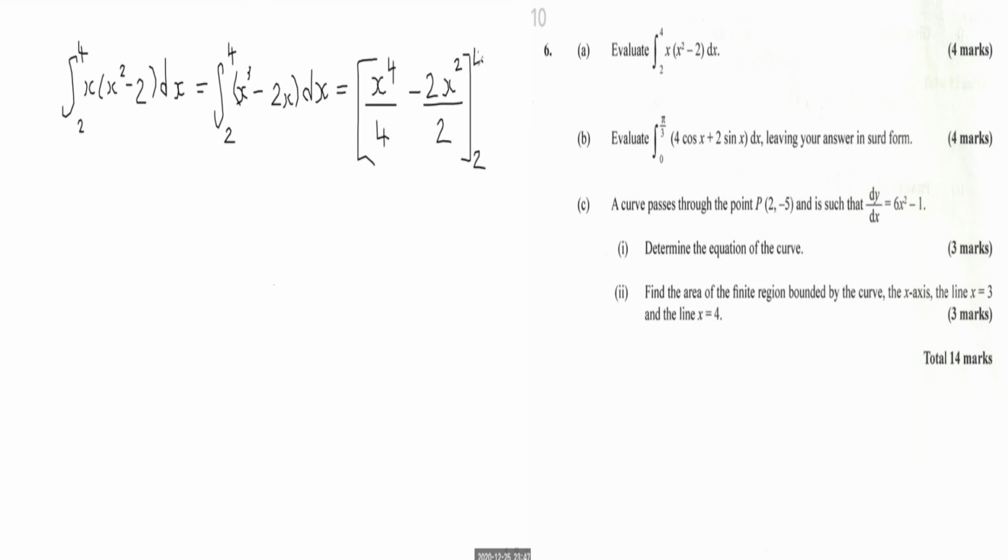We just plug in 4 first. 4 to the 4th power is 256 divided by 4, which works out to be 64.